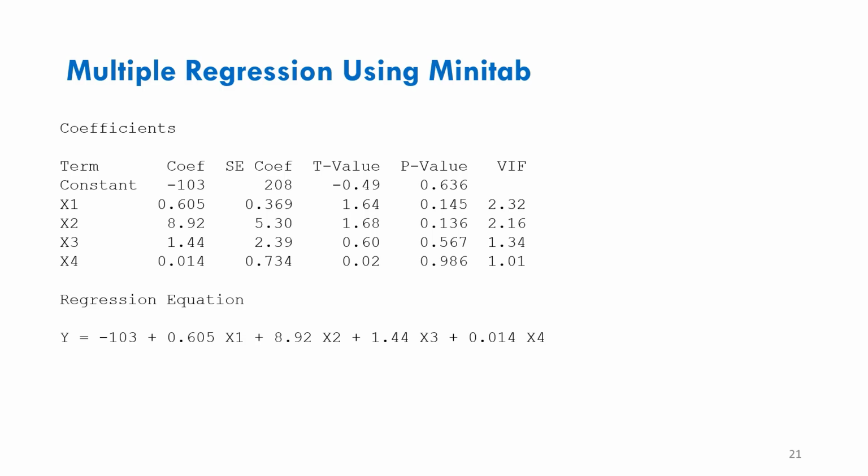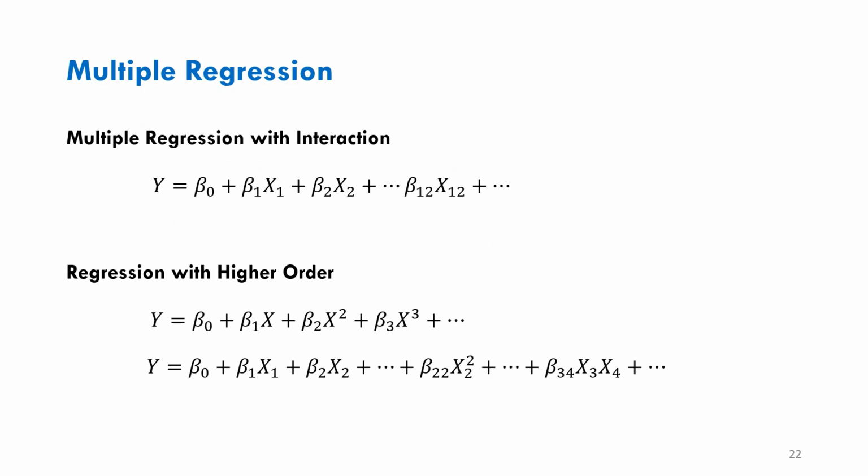So from this Minitab software, we can get our regression equation directly, which is shown on the screen. We can add more terms to make our model better by increasing the R square values. For example, adding an interaction, we can add a term x1 times x2 multiplied with the coefficient represented as beta subscript 1, 2.